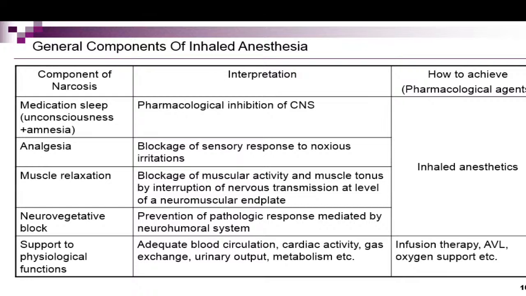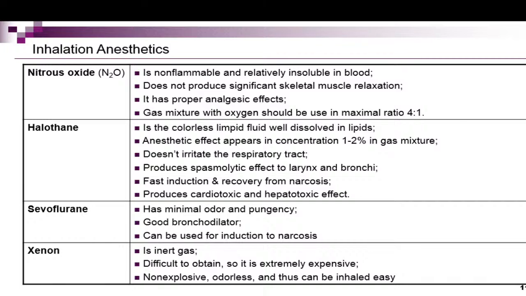We can use interventional manipulations, for example, infusion therapy, placement of a central IV line, and drop by drop infusion of solutions for maintaining the volume of blood circulation. For artificial ventilation of lungs, we can use ventilatory pumps during surgery, for supplying the lungs with oxygen artificially by increased concentration in the inhaled mixture.